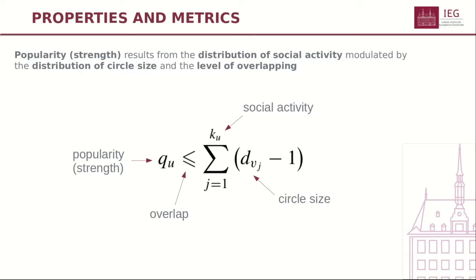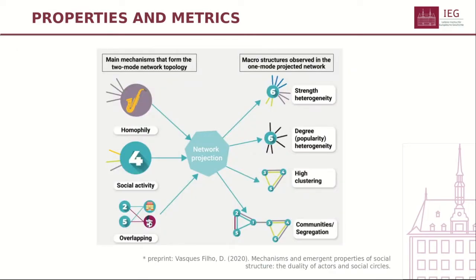Okay, all right, so from that we can say that the mechanisms that operate network formation are acting in the structure of the two-mode network, right? Here we have homophily, and homophily of course depends on rich data, and therefore we will not explore it today because it becomes more complex.